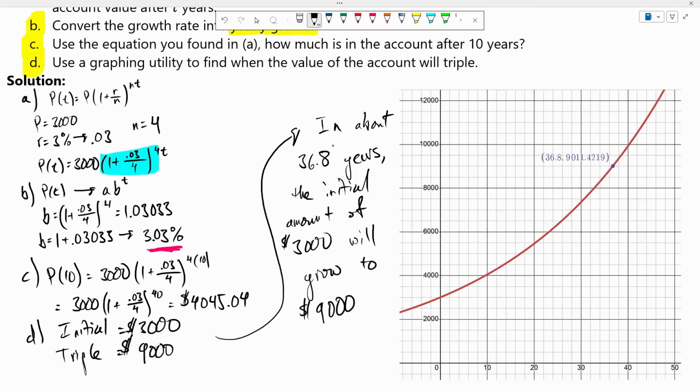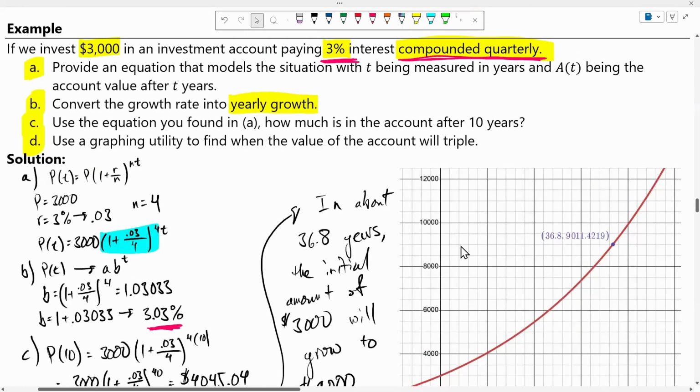Okay. Yay. In almost 40 years, I'll grab $3,000 and turn it into $9,000. Whoop-de-doo, right? Okay, but this is it. This is what investments do. This is what banks do. This is what your bank account's doing on a regular basis.